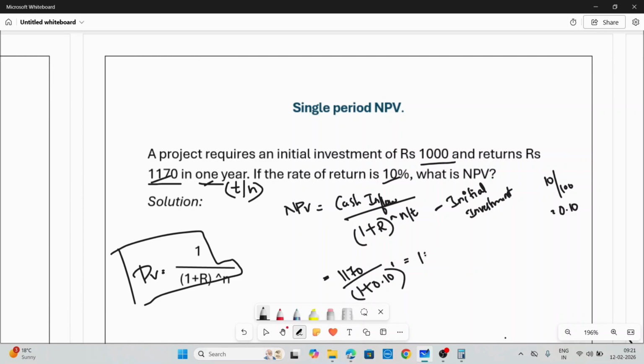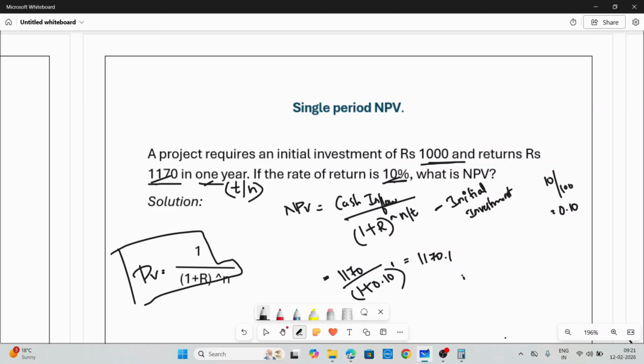So it's nothing but 1170 itself, I think so. So this initial investment of rupees 1000 returned as 1170 in 1 year, and including the rate of return of 10%, it didn't give any profit.